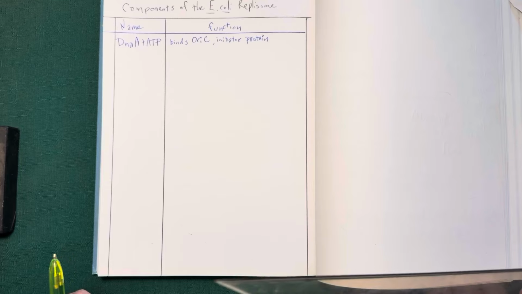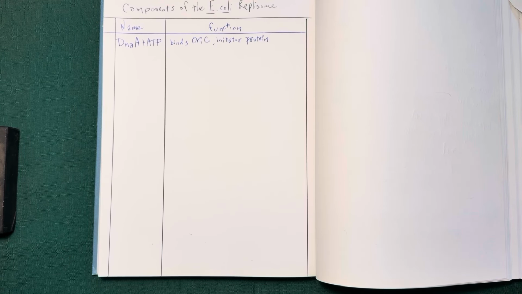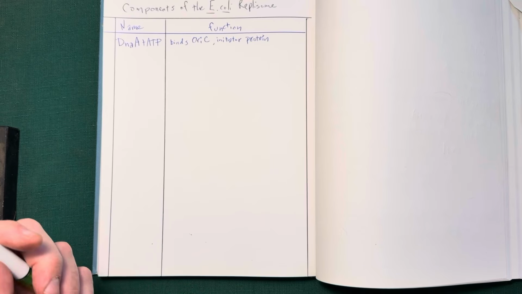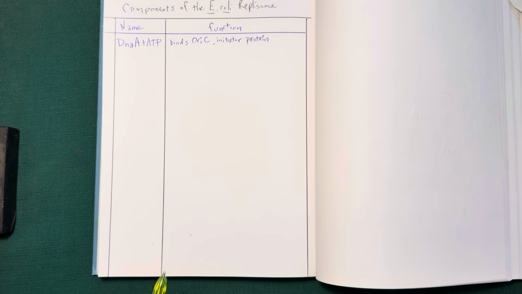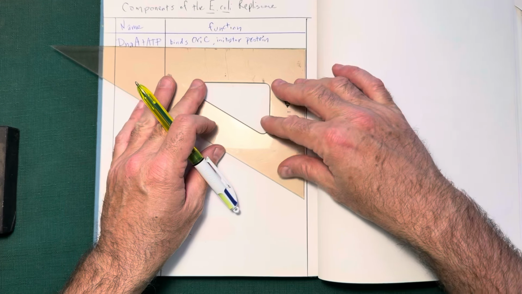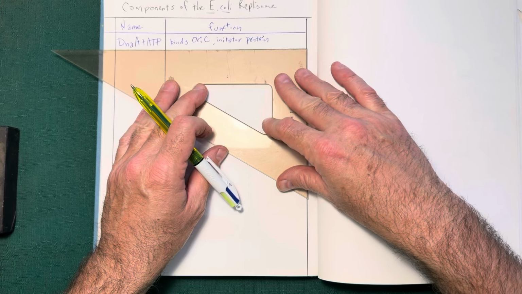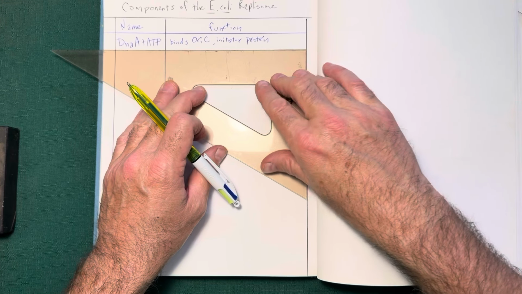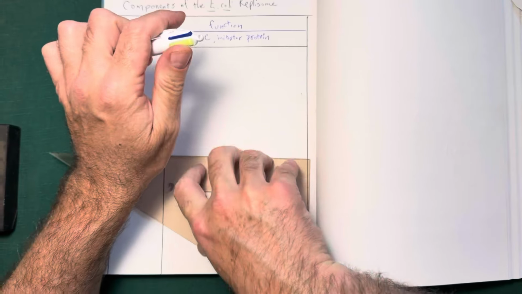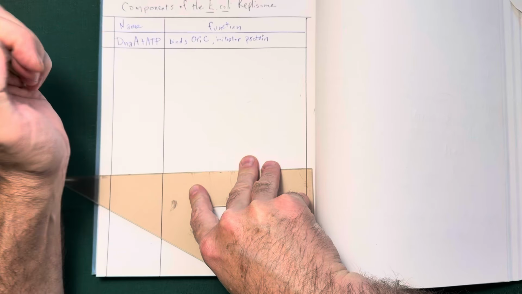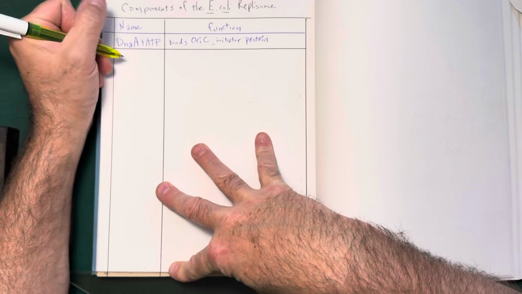So the ori site has 12 repeats of a nonamer, or a 9 nucleotide sequence, plus some other sequences that signal where the beginning of replication should begin.